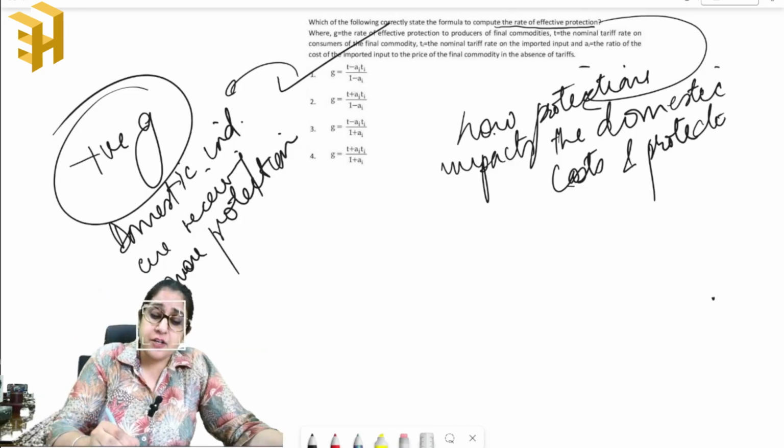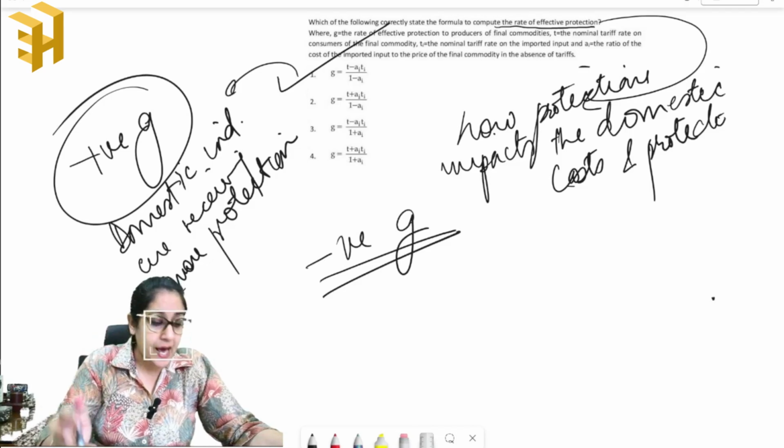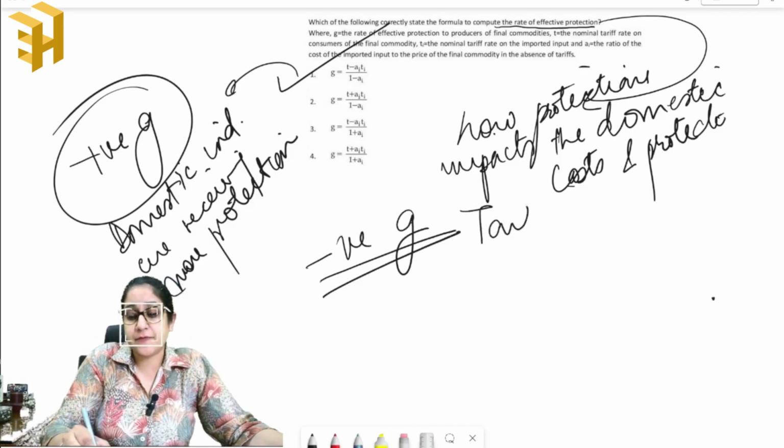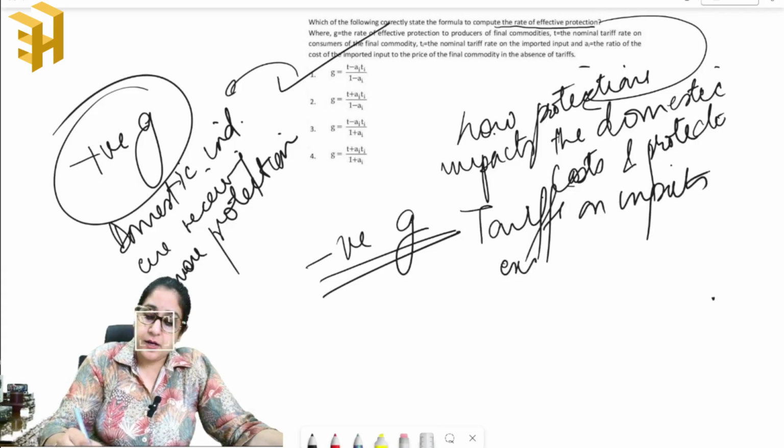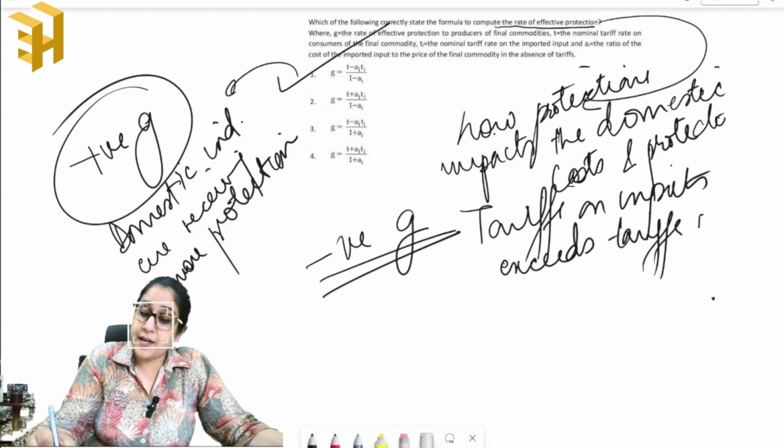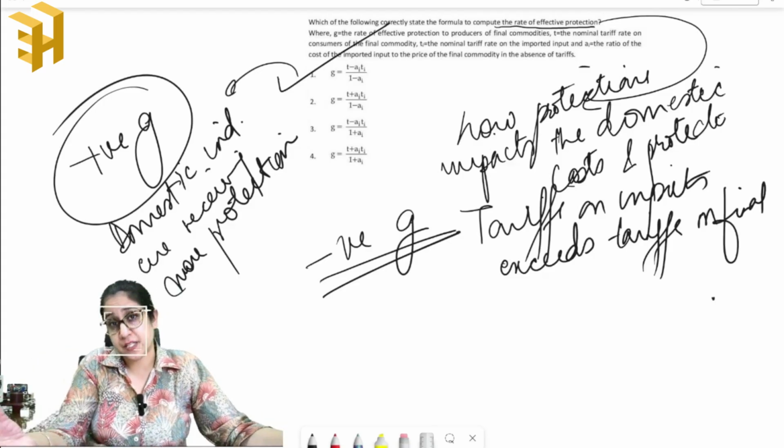Okay, however, a negative value of G would imply that the tariffs on inputs exceed the tariffs on your final goods. So inputs being used by the domestic industries.